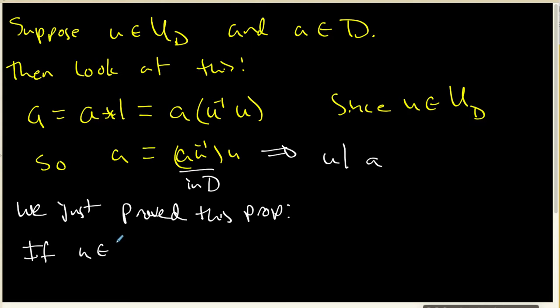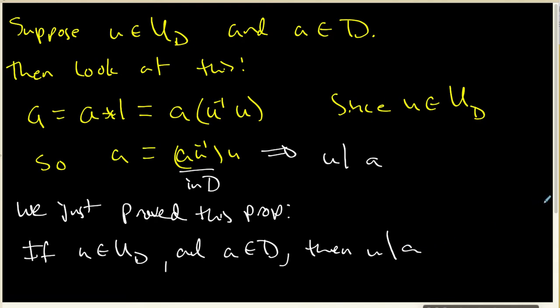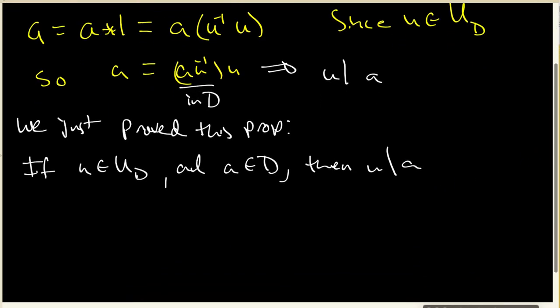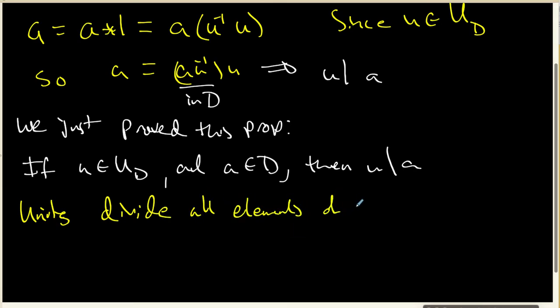If U is a unit inside my domain and A is any other element inside the domain, then U divides A. In other words, I can state this in English: units divide all elements of the domain. And that's an important thing to keep in mind about divisibility.